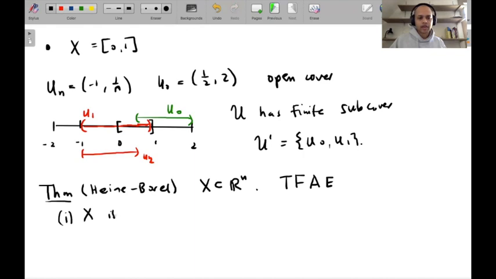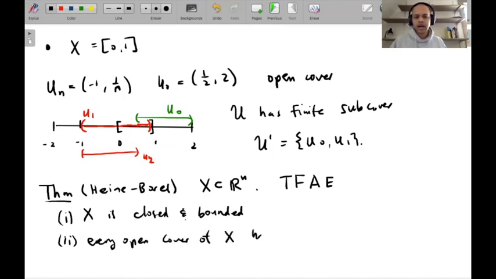One, X is closed and bounded. And two, every open cover of X has a finite subcover.